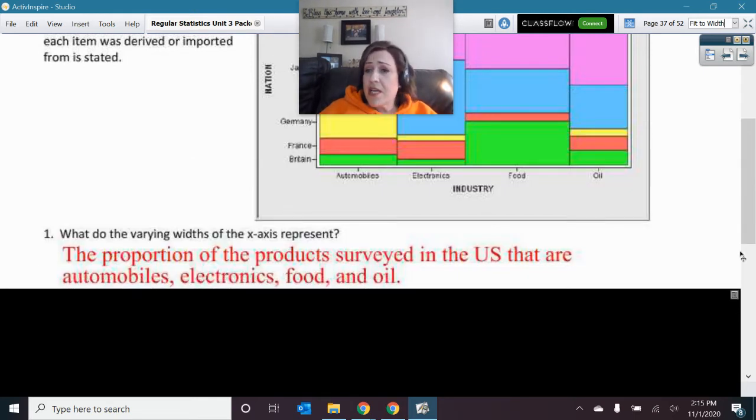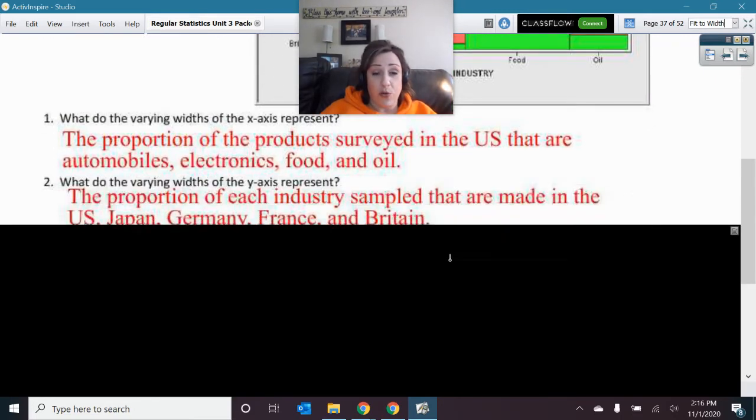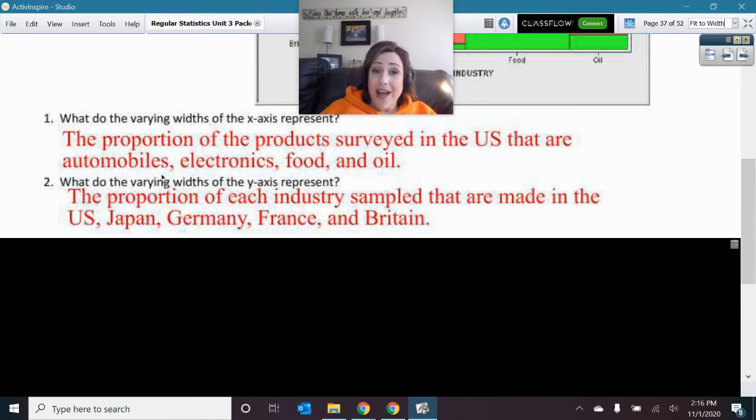So first of all, the x-axis is the proportion of the products that they surveyed. So the proportion of all the surveyed products in the U.S. that are automobiles, electronics, food, and oil. So those are what they surveyed. It's the proportion of the total, the marginal. But then the y-axis is the conditional.